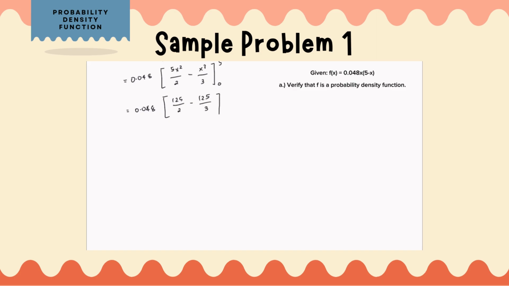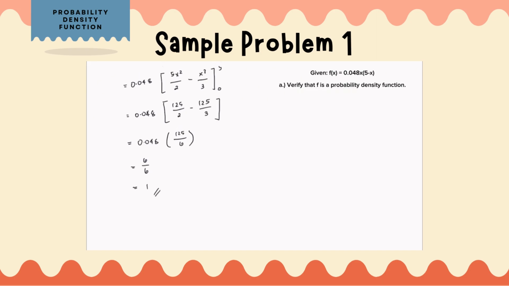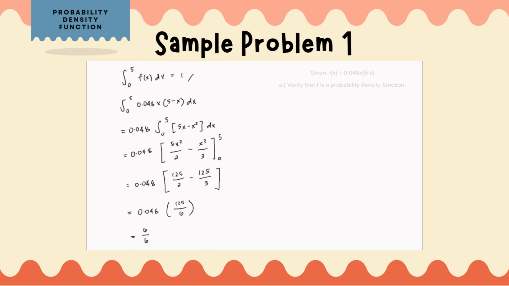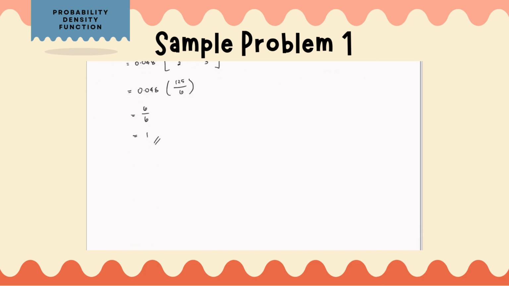So using your calculators, 125 over 2 minus 125 over 3 is equal to 125 over 6. This is then multiplied by 0.048, and it results in 6 over 6, which is equal to 1. Therefore, f is indeed a probability density function.